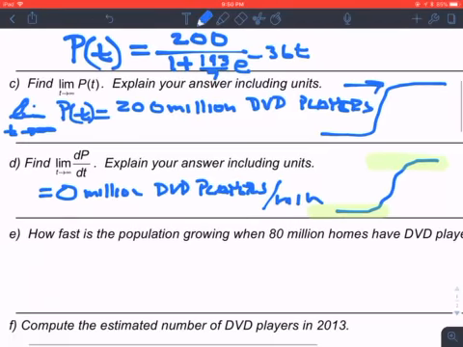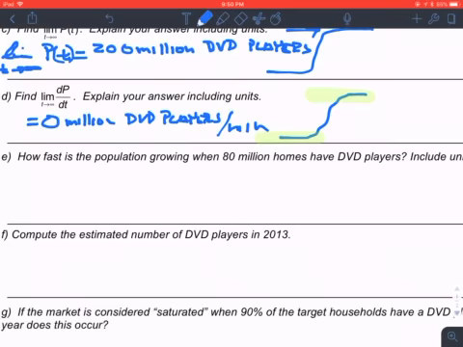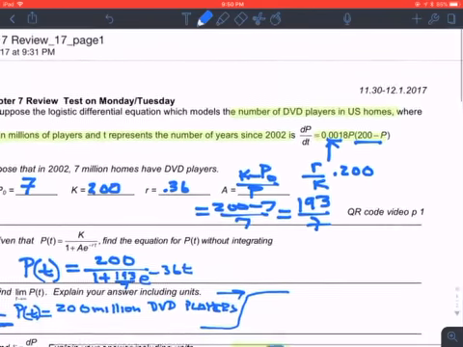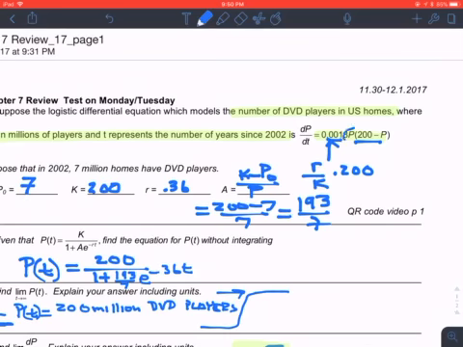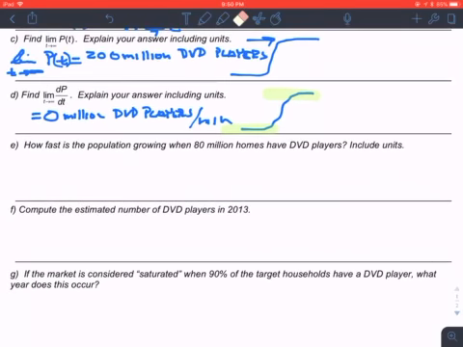Okay? And then the last one, E, is how fast is the population growing when 80 million homes have DVD players. So we're going to go back and use our differential equation, but we know that P is going to equal 80. So if we go back down here, we're looking to find dP/dt when P is equal to 80.